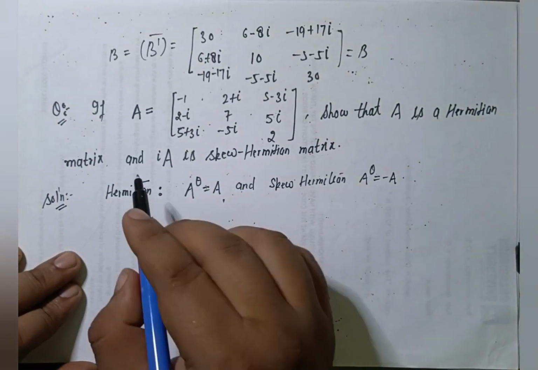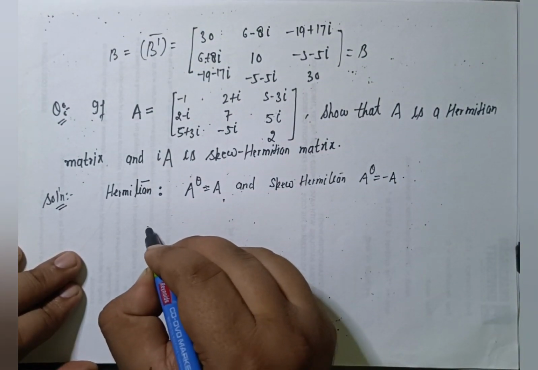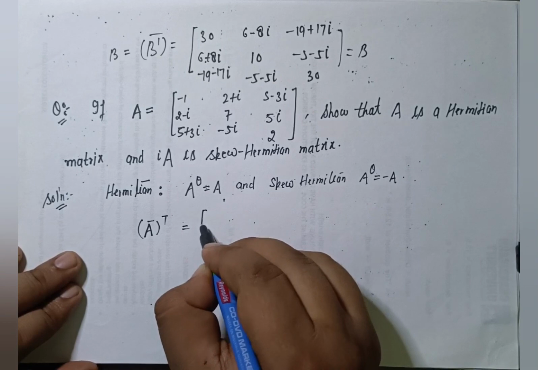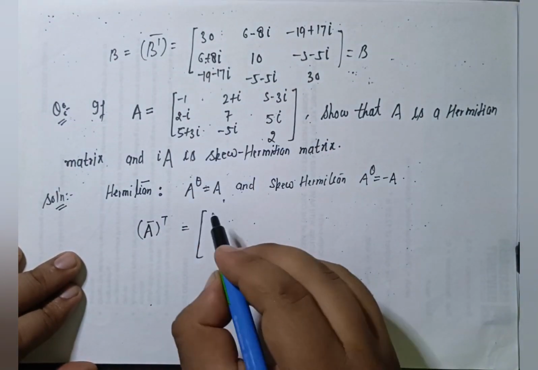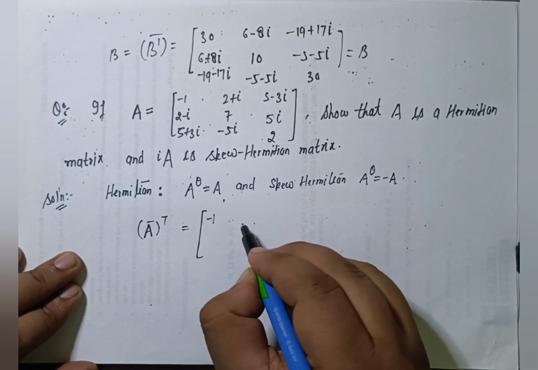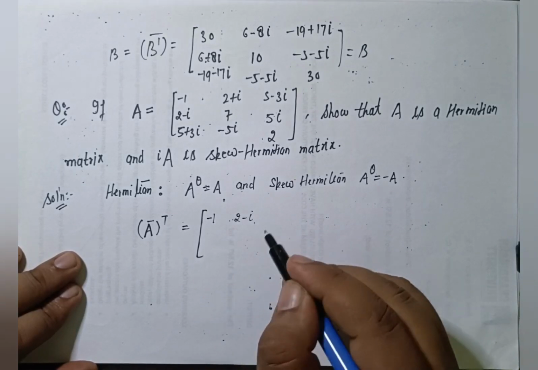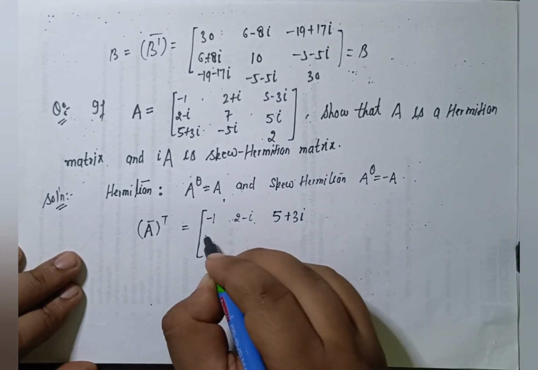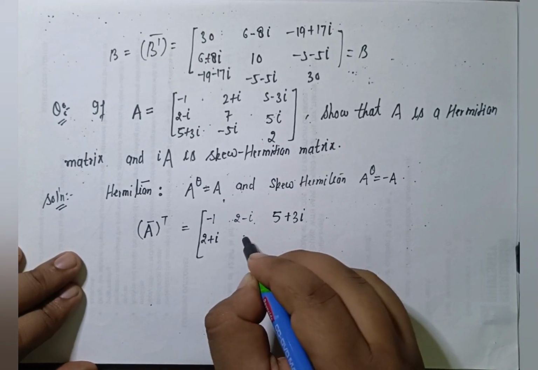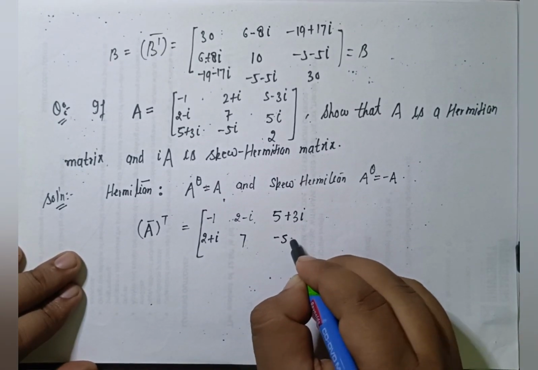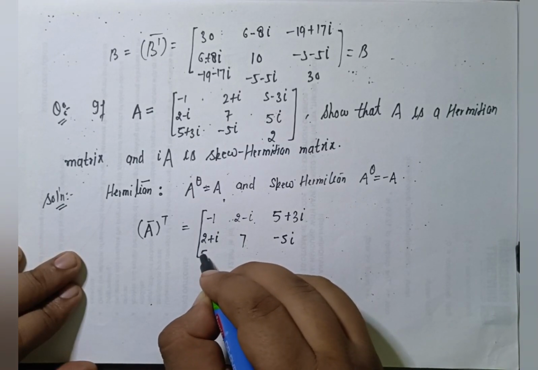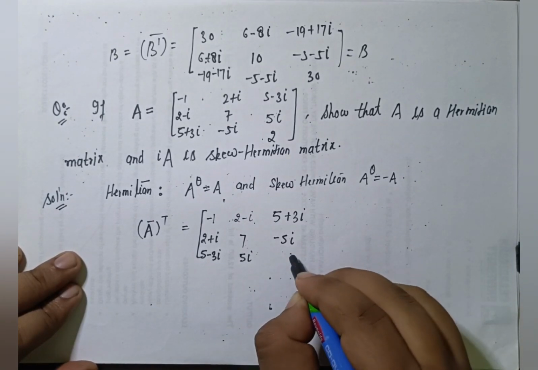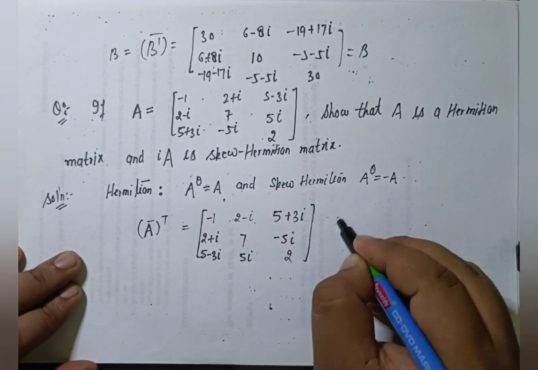Now to check the Hermitian matrix, first of all we write A transpose conjugate. So for the given matrix A, first we write the conjugate. Minus 1 will be minus 1, 2 minus iota, 5 plus 3 iota, then 2 plus iota, 7 and minus 5 iota, then 5 minus 3 iota, then 5 iota, and then 2, which is the conjugate of the given matrix.